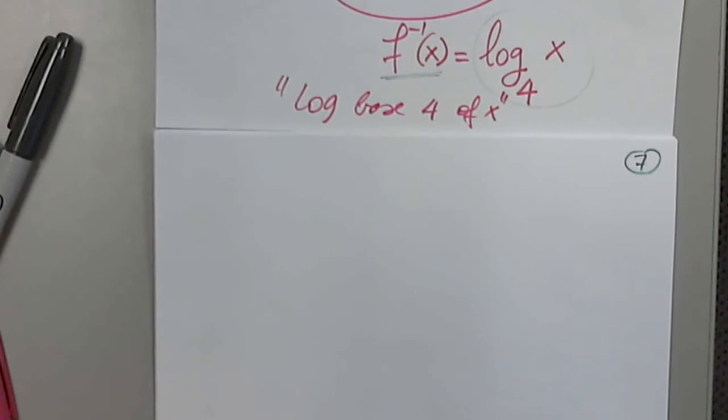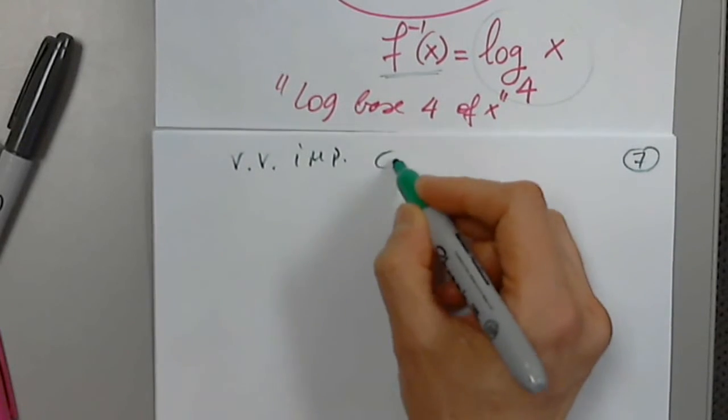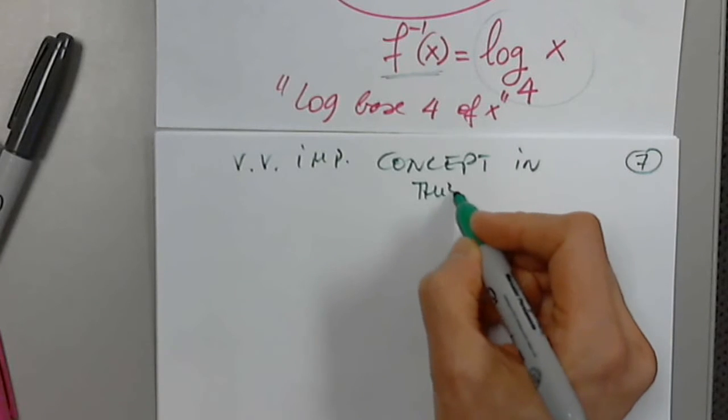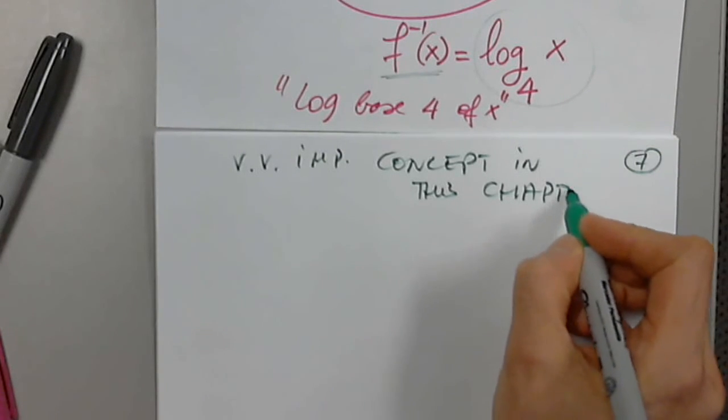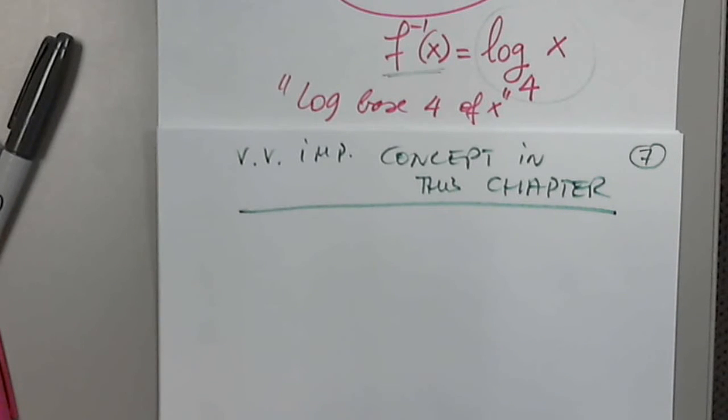Here it is. Very, very important concept in this chapter. I think it's the most important concept in this chapter. I'm going to write first in plain English and then in math.